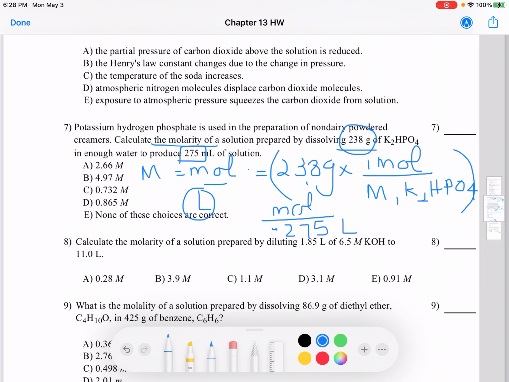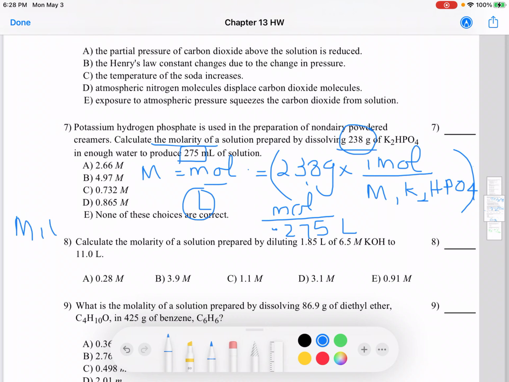Okay. And then number 8, also a similar question that we have done in Chem 1. Calculate the molarity of a solution prepared by diluting 1.85 liters of 6.5 molar KOH, potassium hydroxide, to 11.0 liters. So this is a dilution process. We can use M1V1 equals M2V2.